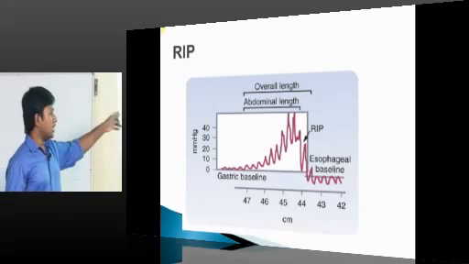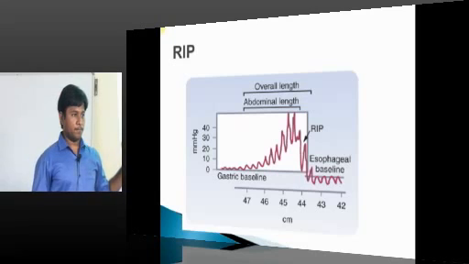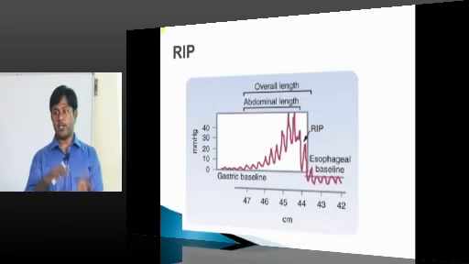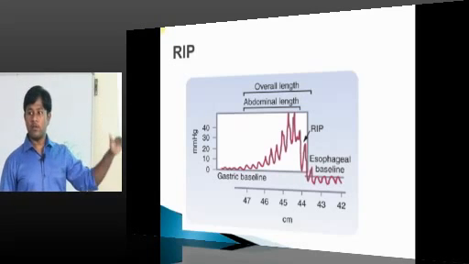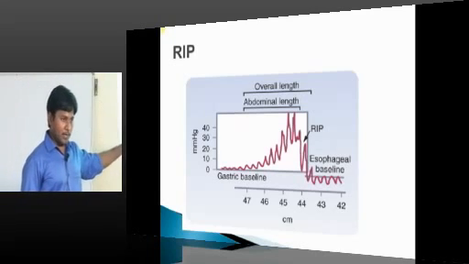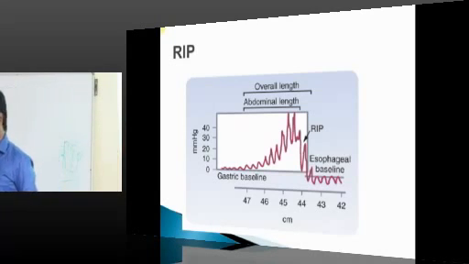Clear? Intra-abdominally to intrathoracic, positive to negative. That is respiratory inversion point. The inversion of a positive wave to a negative wave when it is traveling from the abdominal part to the thoracic part is called the respiratory inversion point.